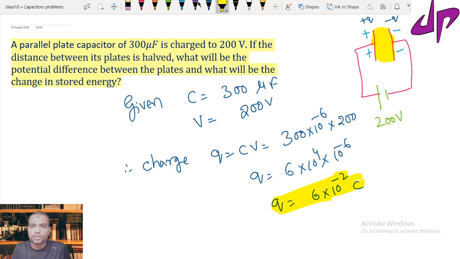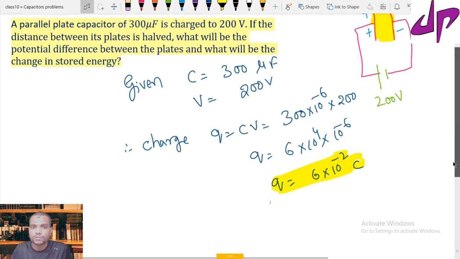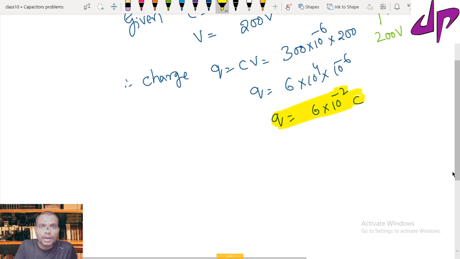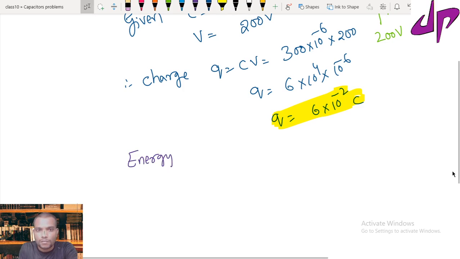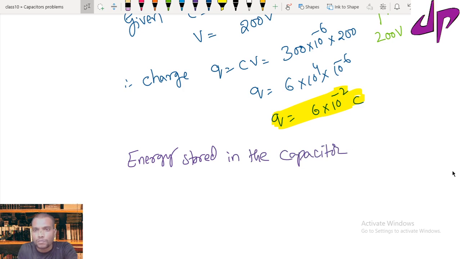Once we know the charge on the capacitor plates, it is easy to find the energy stored in the capacitor. You can use any formula.